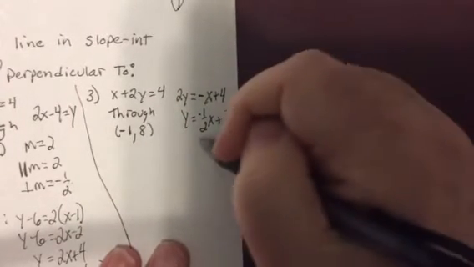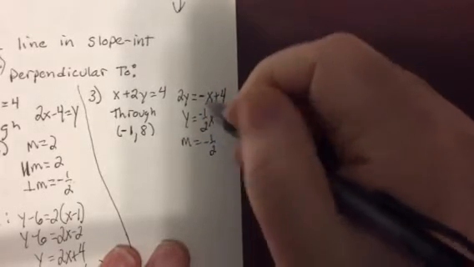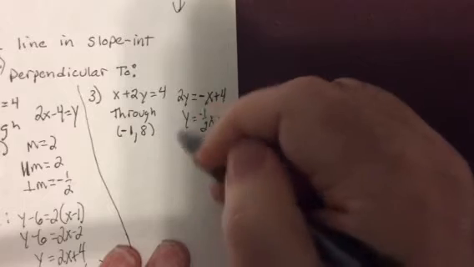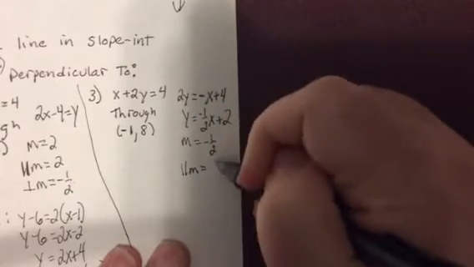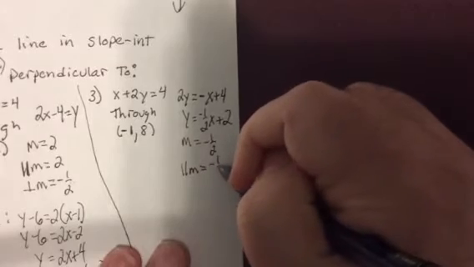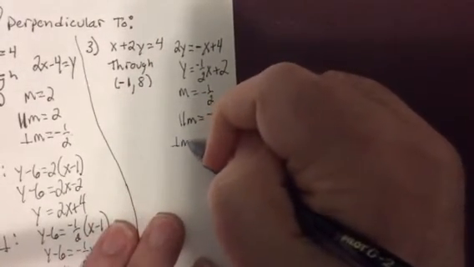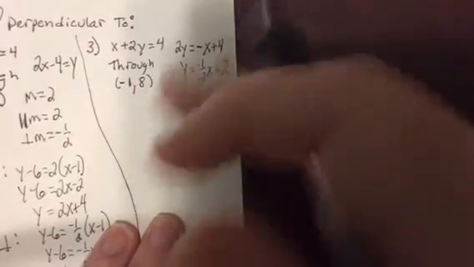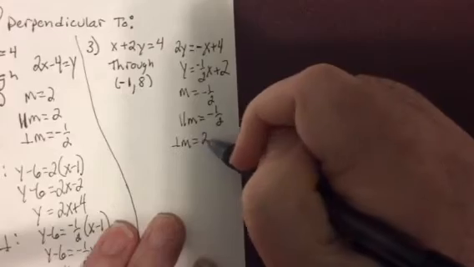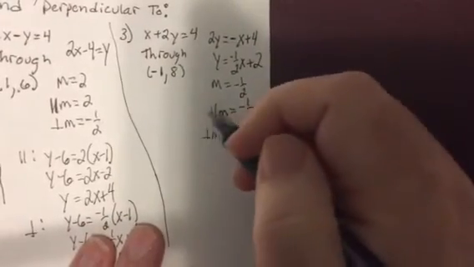So we find the slope. It's negative 1/2. Good job, Jimmy. Then the parallel slope. That's right, Bobby. Parallel slope is the same. And then perpendicular slope equals negative reciprocal. So that would be 2. Good job, Patrick.